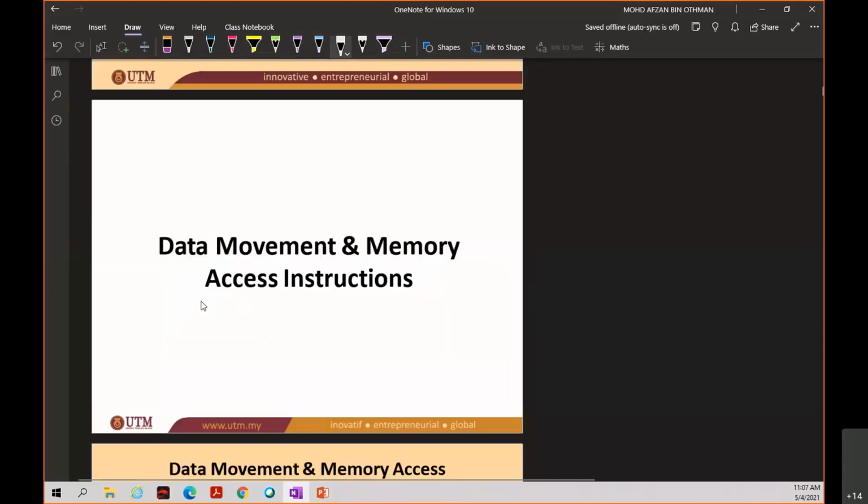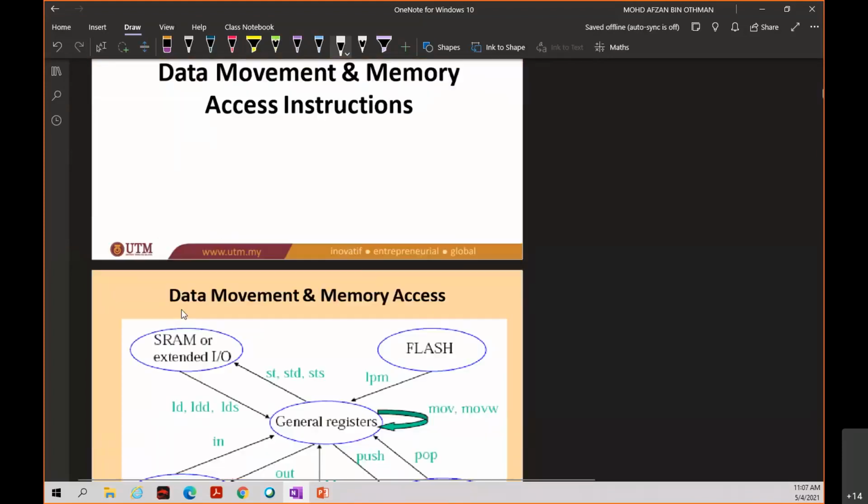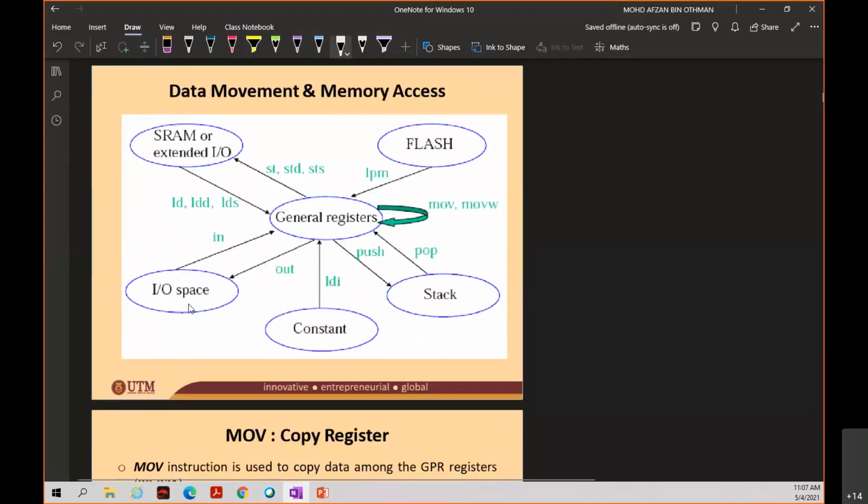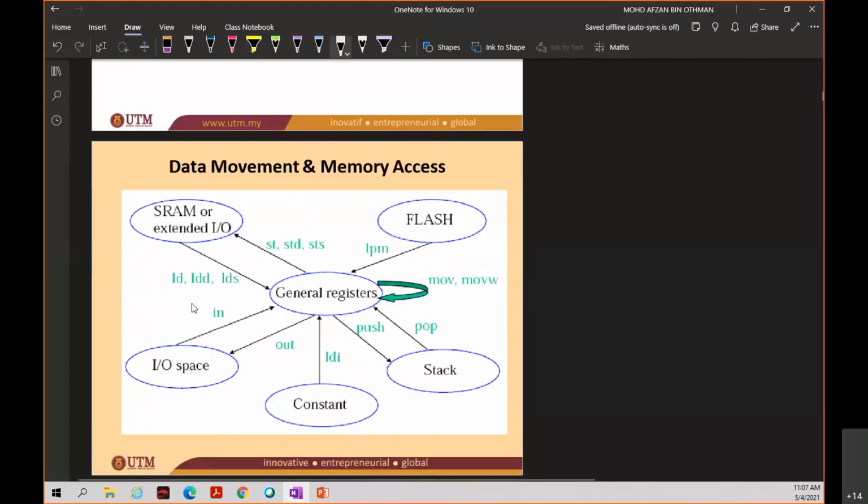For the data movement and memory access instructions, just as a recap, we have a few registers, a few input outputs, and then you have constant data.